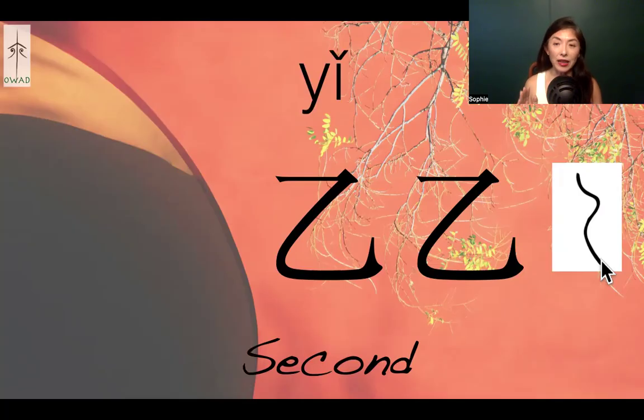And you can see here the abstraction of yi, either in simplified or traditional Chinese. They look the same, almost close to the English letter Z with a little bit of a hook. That looks quite a departure from this wave sign.